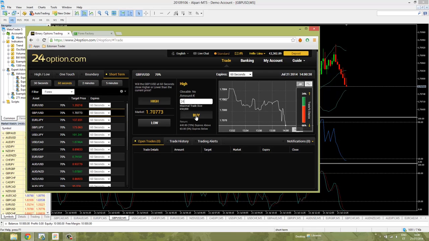Okay, that seems like it's moving back down. So this is why I always wait for at least 20 to 30 seconds from the start of the candlestick, because it tends to give you the opposite movement just at the start of the candlestick.